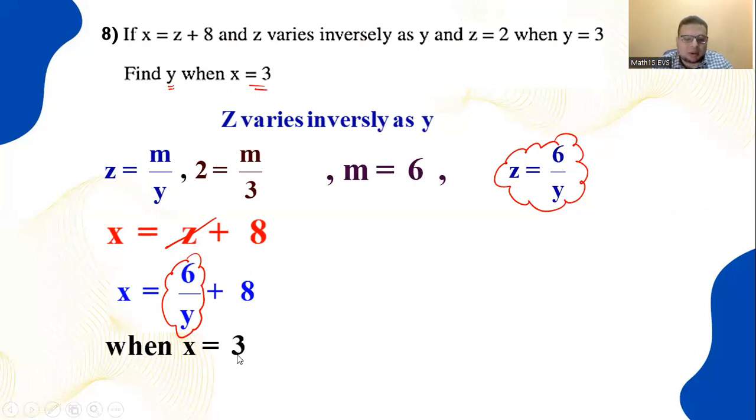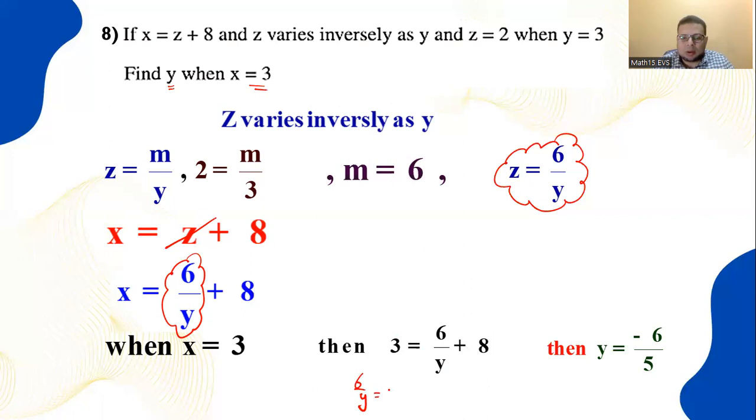So when X equals 3, you will put 3 equals 6 over Y plus 8. So 6 over Y equals 3 minus 8, which will be negative 5.